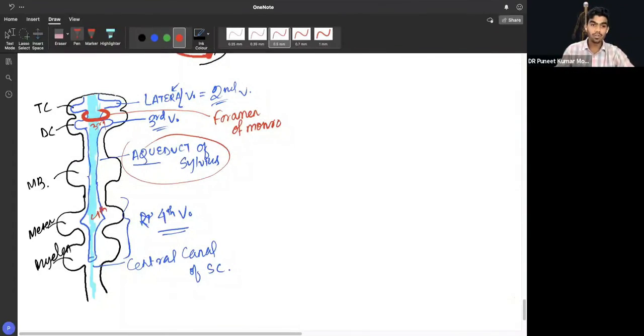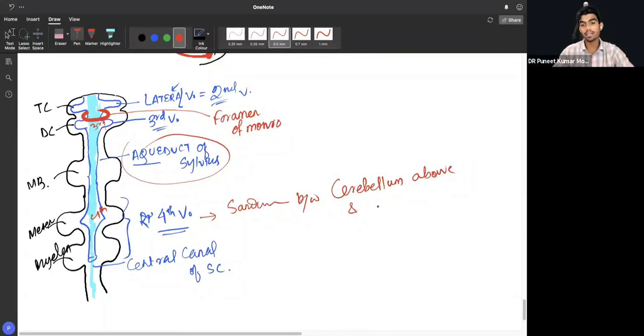Okay. Now the fourth ventricle is sandwiched between the cerebellum above and brainstem below.